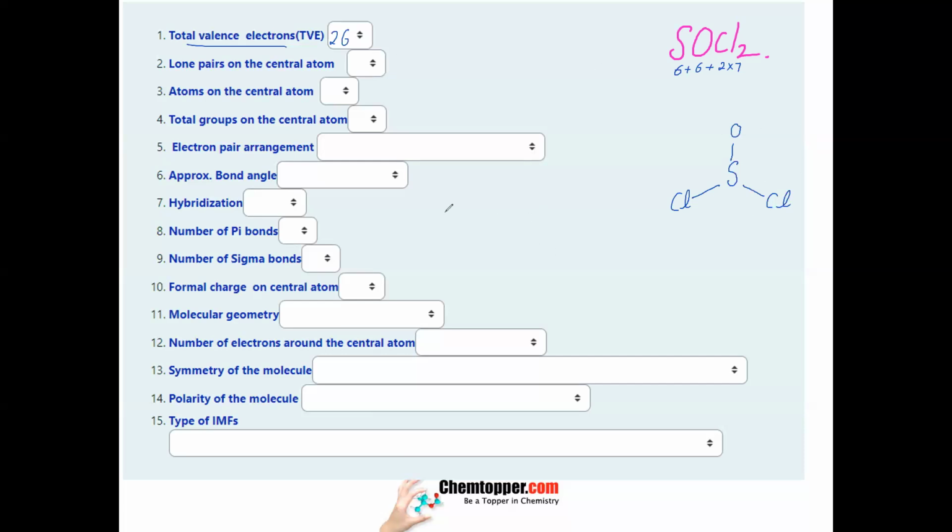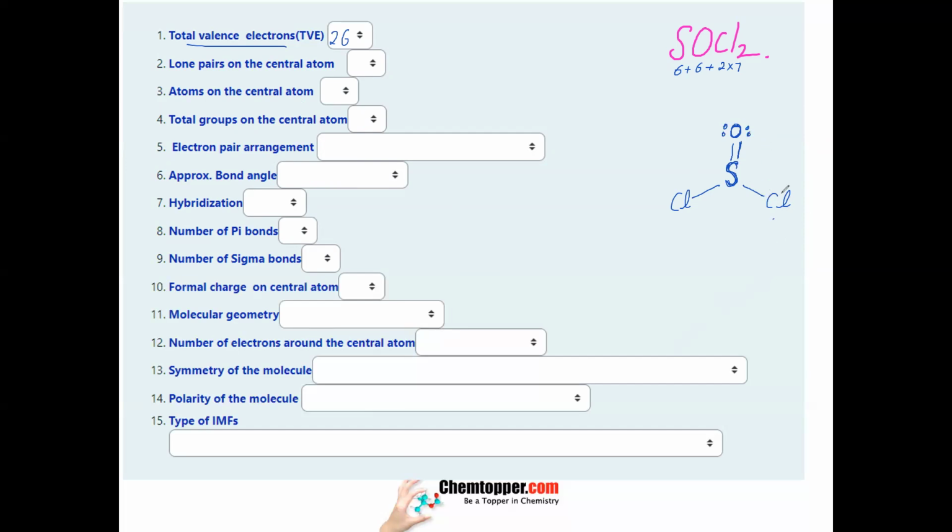Now we have to draw it first. After that, we can answer these questions. So let's complete it. Complete the octet of oxygen. Oxygen will make a double bond, because sulfur can have expanded octet. So oxygen can make a double bond very happily with sulfur. But chlorine will not make a double bond.